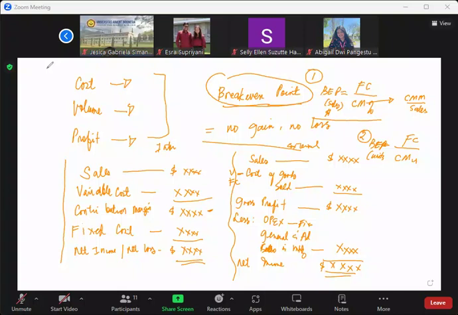I'm sure you know a manufacturing company. We apply it first to a manufacturing company, and then you can apply this in your business later on.